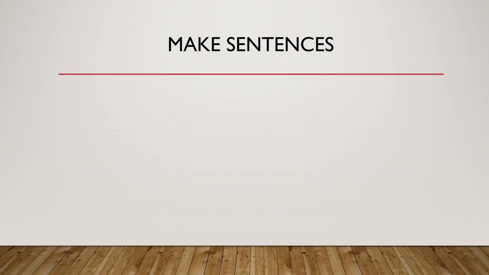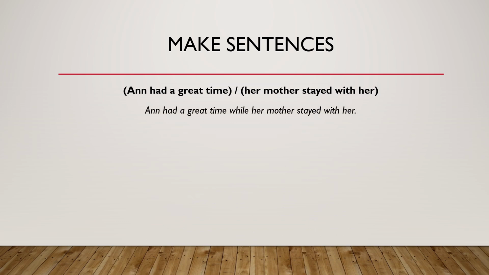Next. Here are the cues. Anne had a great time. Her mother stayed with her. Can you join these? Repeat after me. Anne had a great time while her mother stayed with her.